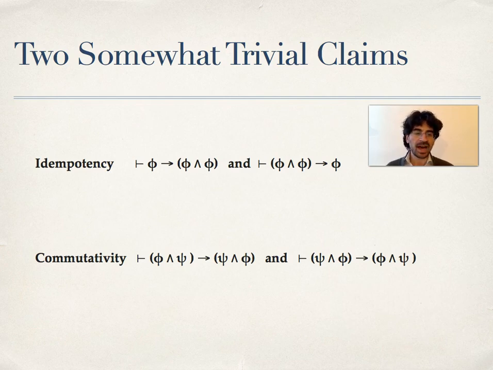So if you have a certain phi, then this implies phi and phi.